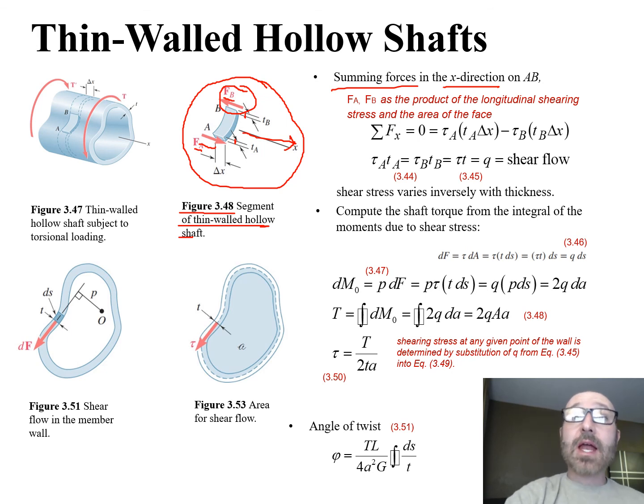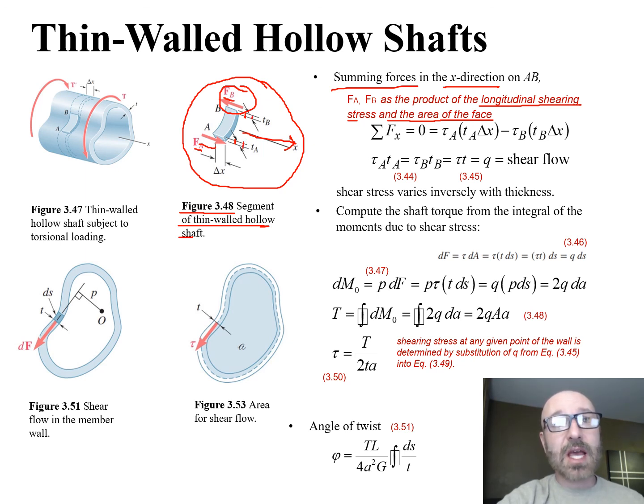Well, FA and FB can be expressed as the product of the longitudinal shearing stresses and the area of the face. The area of the face, if we take a look at this, is our t sub B and our delta X, and our t sub A and our delta X. Then this is times our longitudinal shearing stress. For A, our longitudinal shearing stress is tau sub A, and our area of the face is that thickness t sub A times delta X. So that's our FA, going in the positive direction.